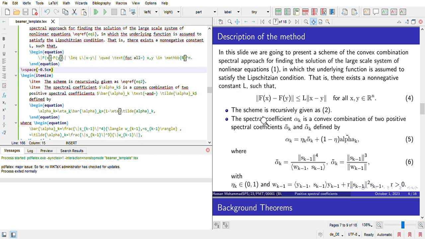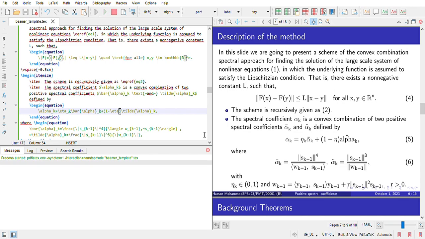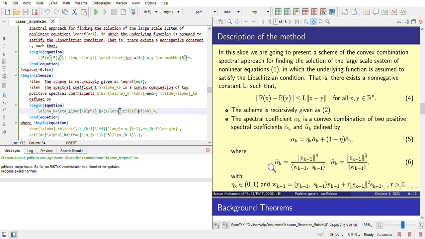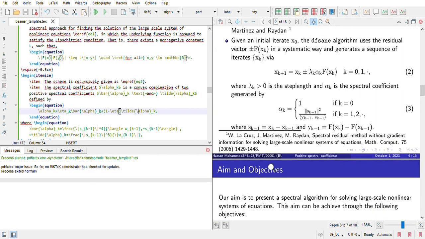So this is how we do it. Okay, there is one alpha that I forgot to put backslash on. Look at it in equation 5. So I put backslash on it and compile my document again. Now I am on the 6th slide, but I think the 6th slide is including the title slide. Let me see.